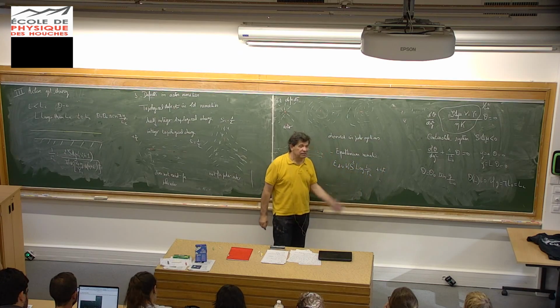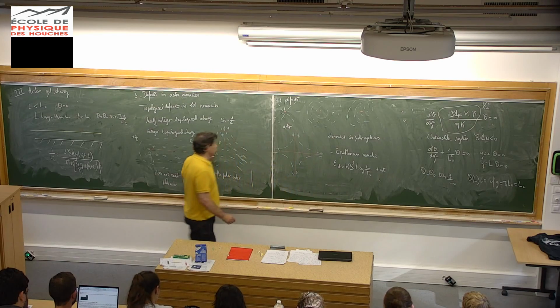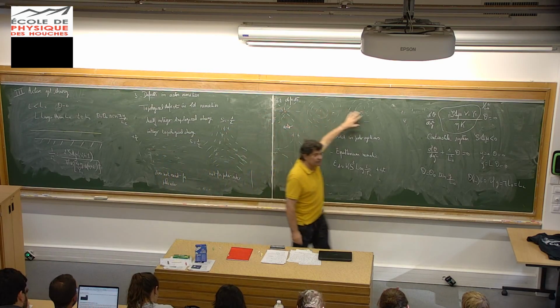Which means that the ones with lowest energy are the ones with lowest charges. So essentially, in nematic systems, you observe that. If your system is polar, you will observe things like this.